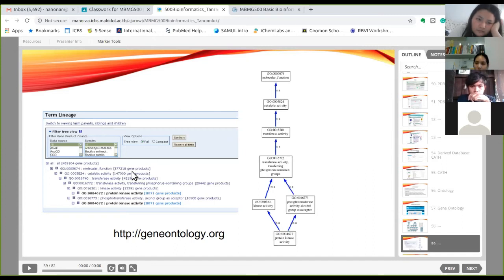But if you go by IDs and you go to the correct database, such as RCSB Protein Data Bank, and put GO:0004672, what you have is exactly all protein kinases with kinase activity. So it becomes handy because it has relationships among terms.